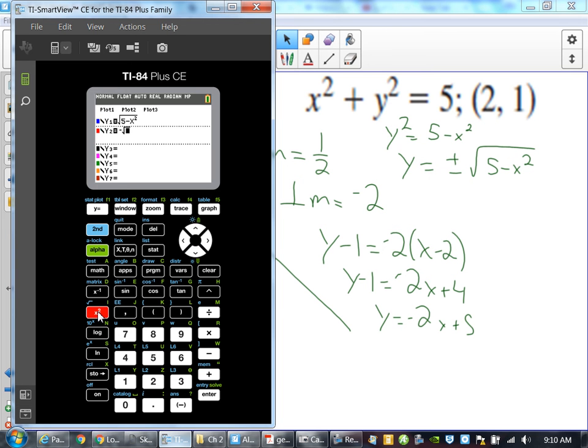There's no such thing as a plus minus button on there. So next, I just throw in my line. Graph it. Oops, my window's all messed up. Sorry. If you do a 10 by 10 window, this should fit nicely.